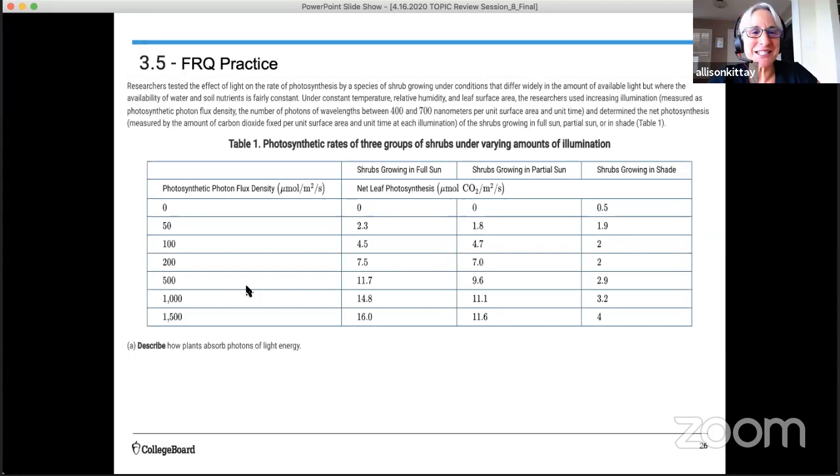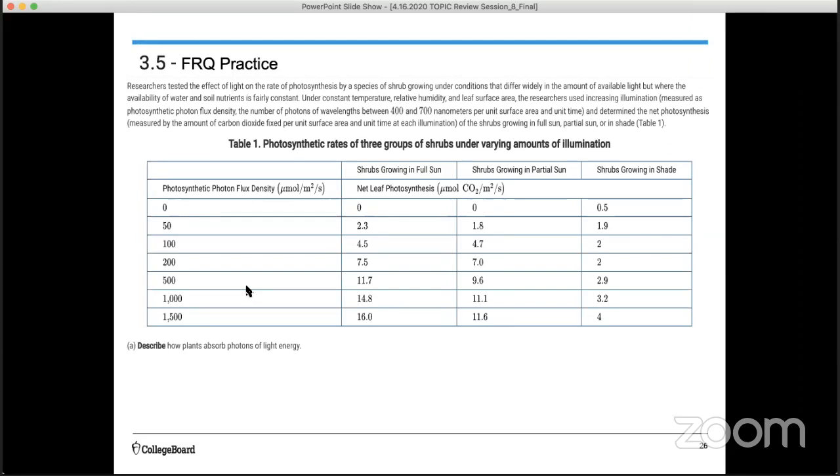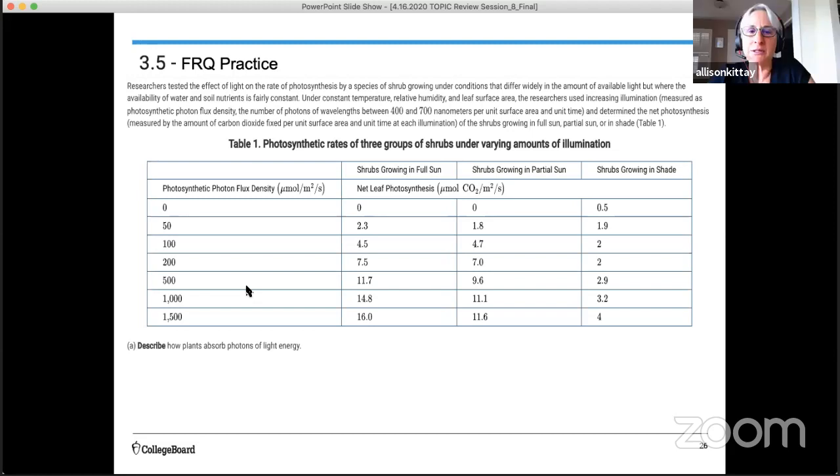So researchers tested the effect of light on the rate of photosynthesis by using a shrub growing under conditions that differed widely in the amount of variable light, but where the availability of water and soil nutrients is fairly constant. So we're holding water availability and nutrient availability constant.